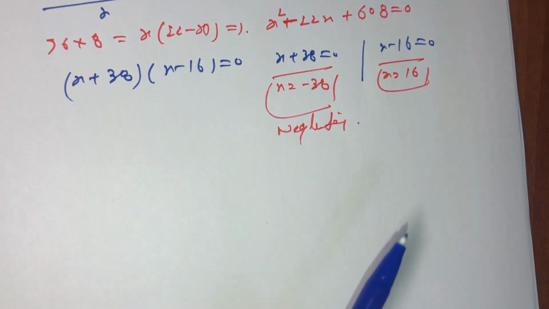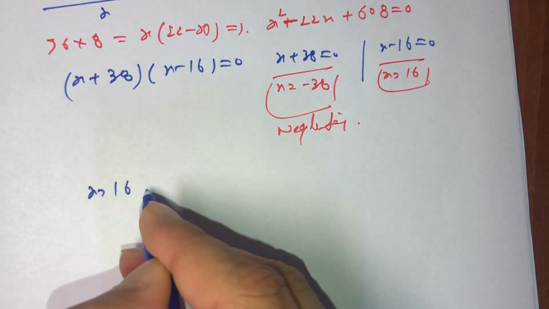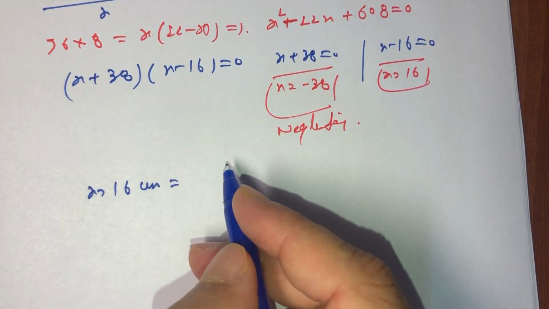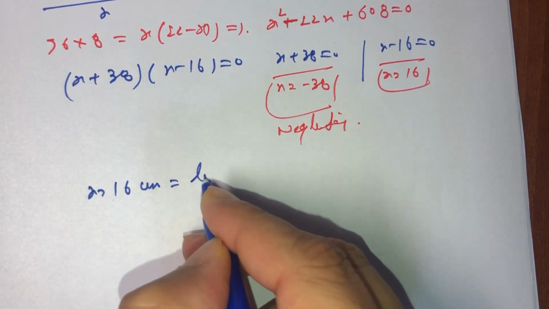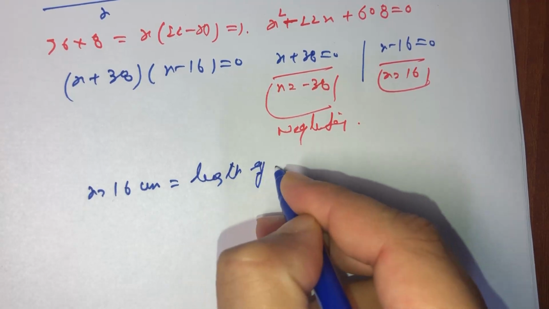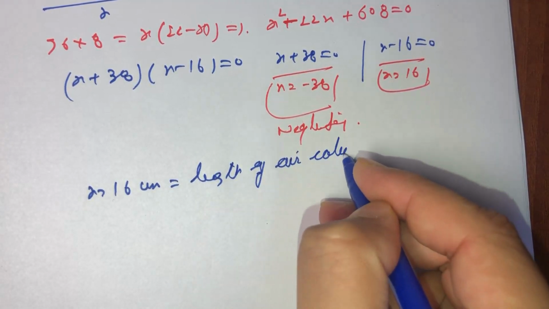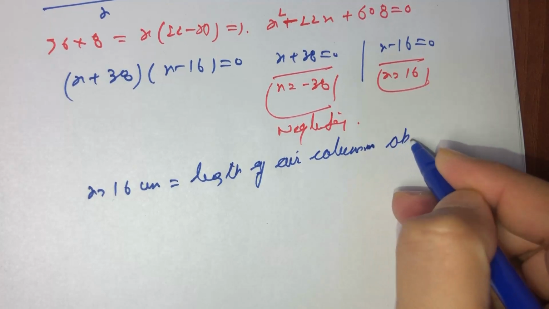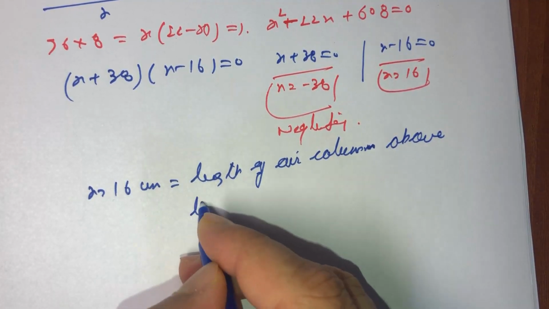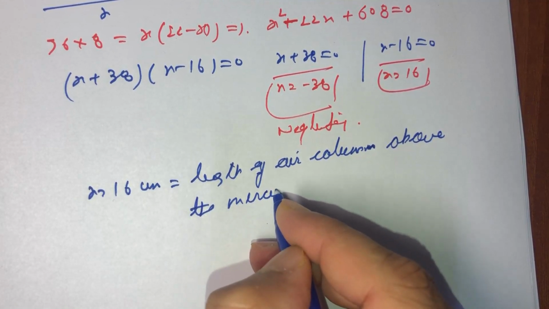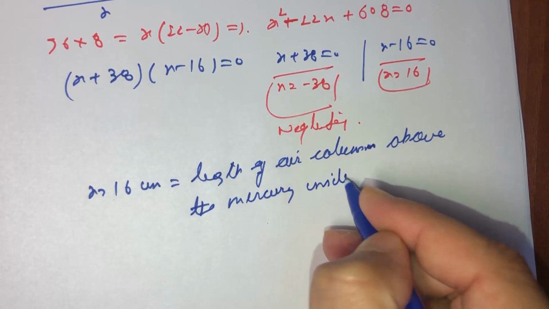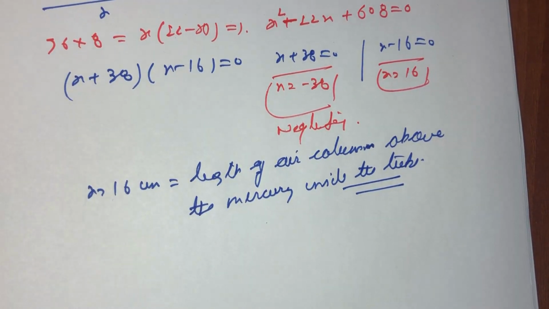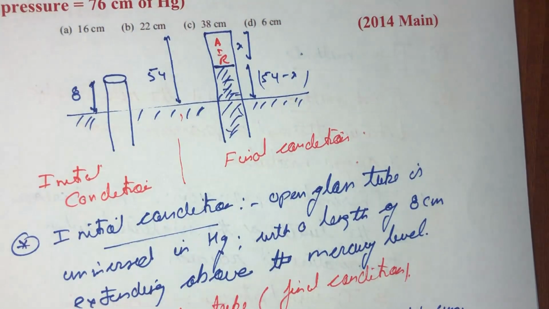Therefore our x is equal to 16 centimeter, which is nothing but what was asked for, that is the length of the air column above the mercury inside the tube.